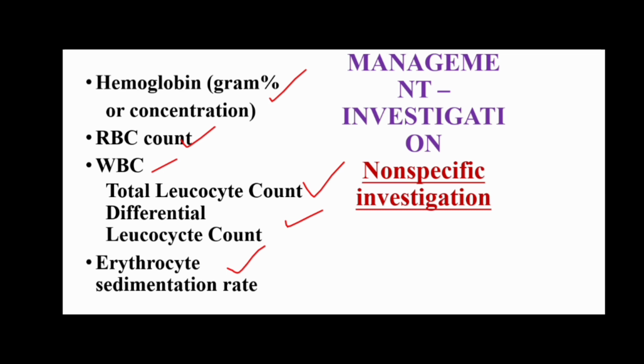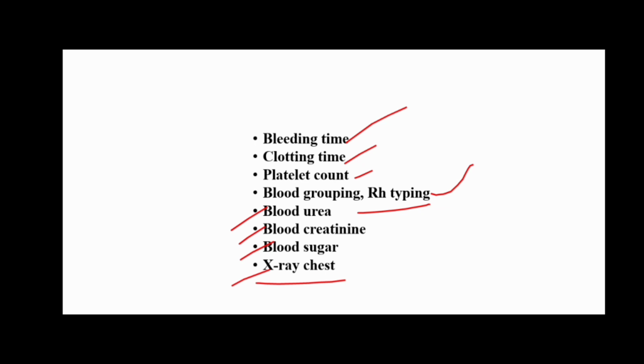In non-specific investigation, we have to include hemoglobin, red blood cell count, total leukocyte count, differential leukocyte count, erythrocyte sedimentation rate, and also bleeding time, clotting time, platelet count, blood grouping, Rh typing, blood urea, blood creatinine, blood sugar, and X-ray chest also.